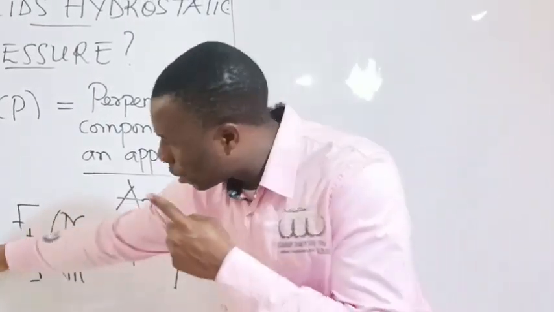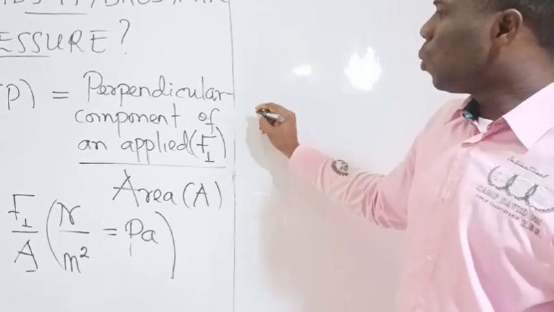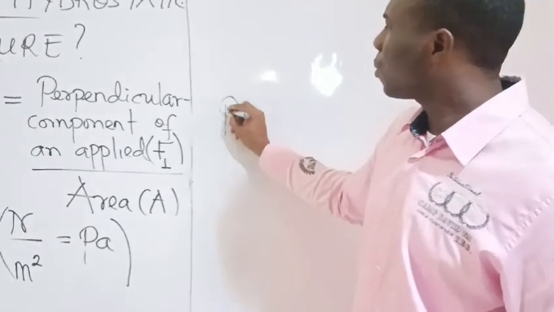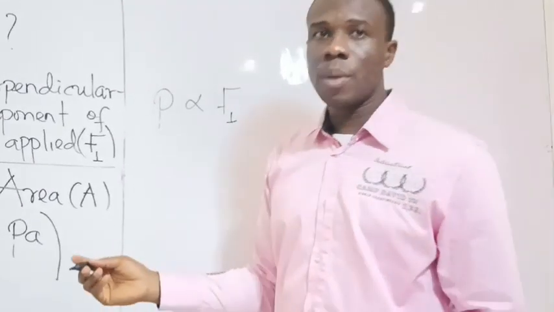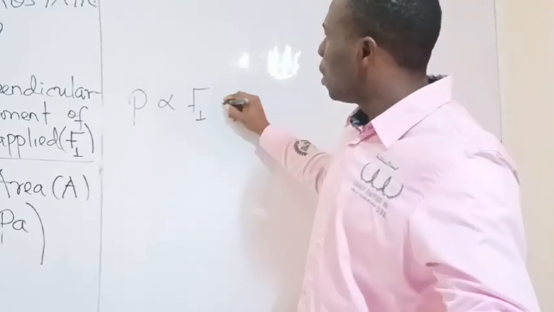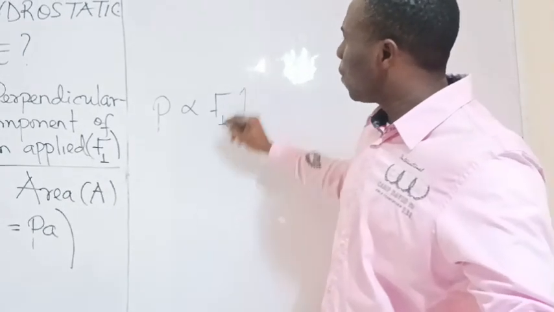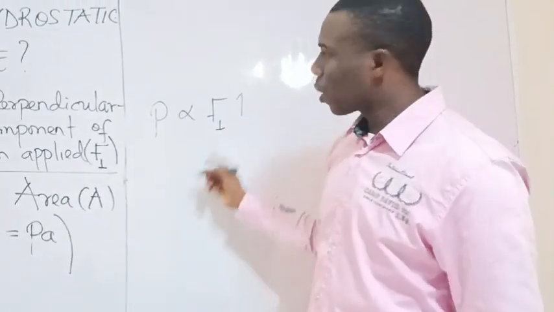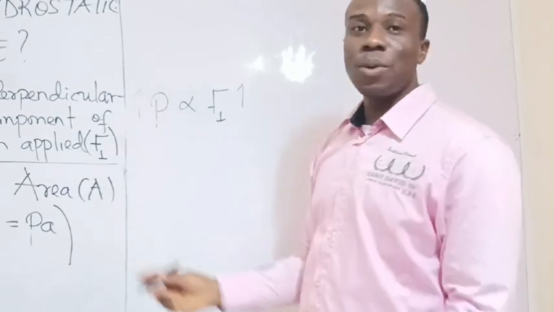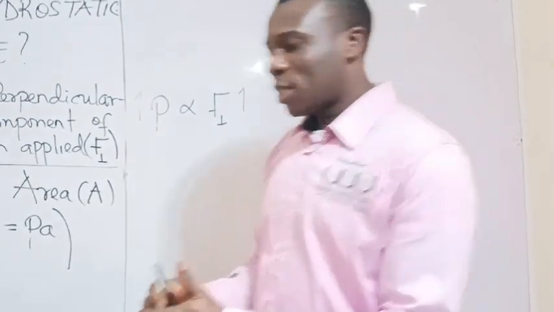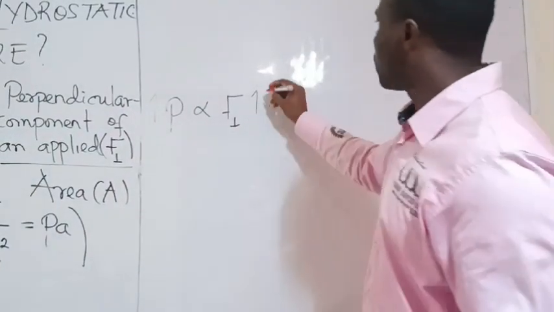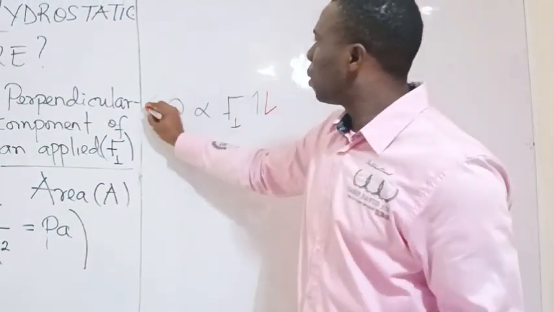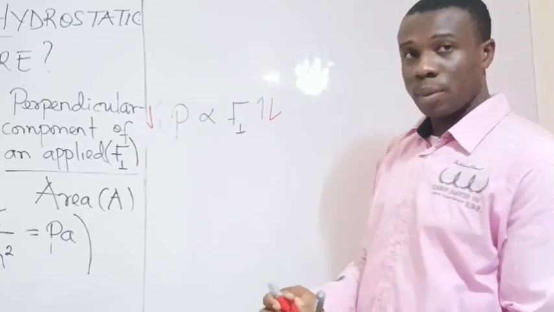Now, if you look at this equation, you would find out that pressure is proportional to the applied force. What it implies is, if you increase the force, consequently, the pressure also goes up. What it would also imply is that if you decrease the force, consequently also the pressure drops.